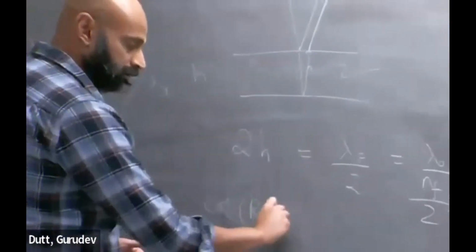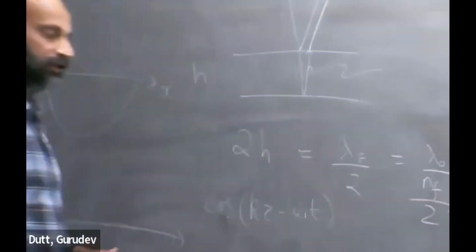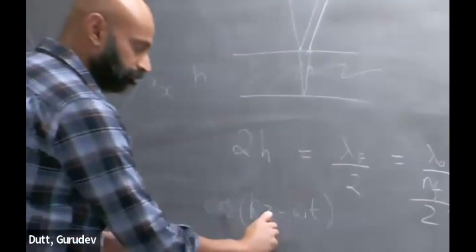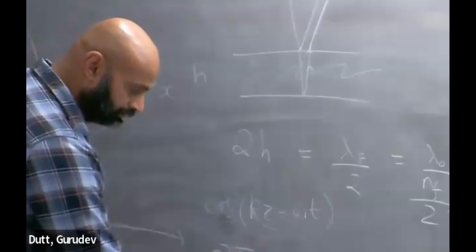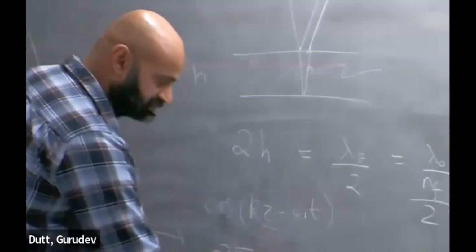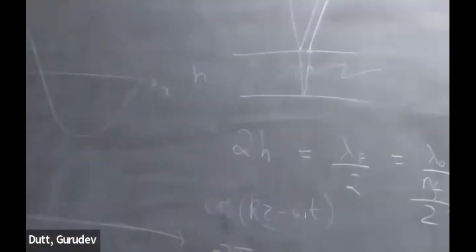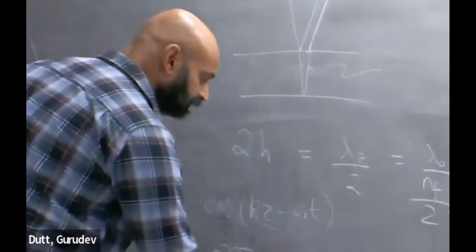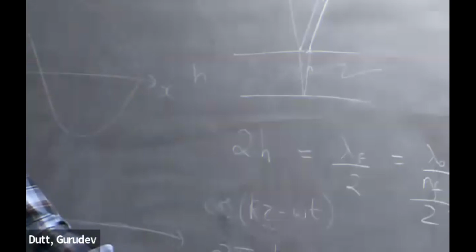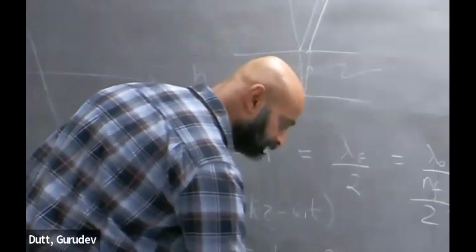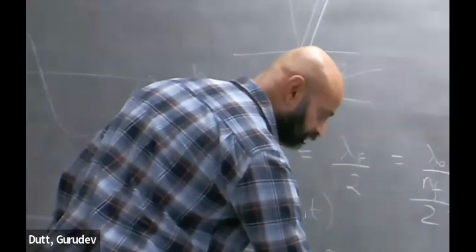The other way that we can equate this is going back to the math, which is cos(kz minus omega t). This optical path length difference is again given by 2 pi over lambda naught times z, where z is this extra path length that we have traveled, so call it h, for example. Again, in the medium, we must replace lambda naught by lambda f, so this is equal to 2 pi over lambda naught times nF h.